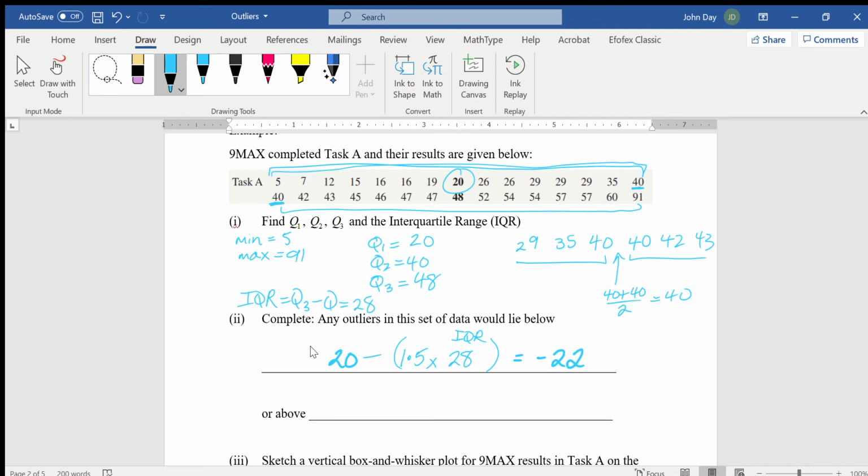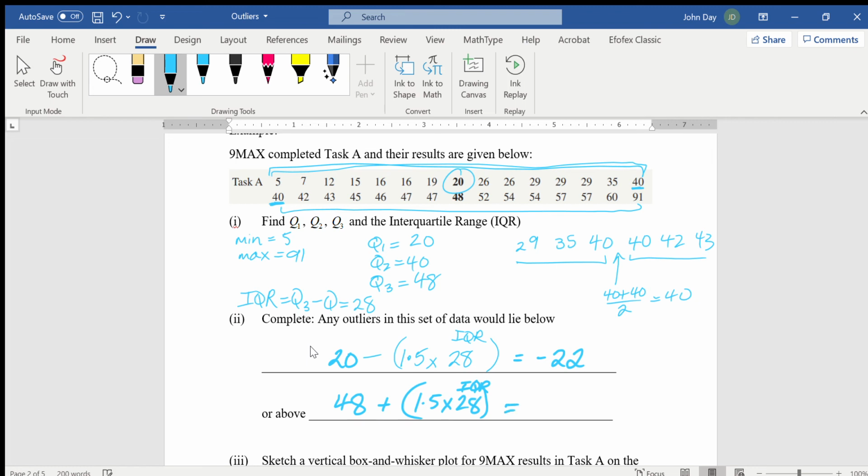But going above, you're allowed to be 1.5 times the interquartile range, which is 28, above the upper quartile, which is 48, right? Q3 plus 1.5 times the interquartile range. So 48 plus 1.5 times the interquartile range is 90.